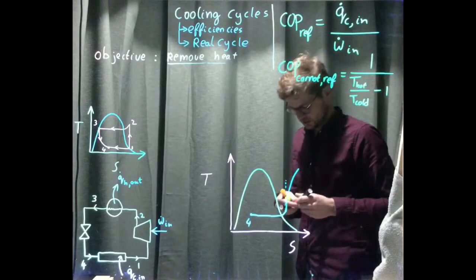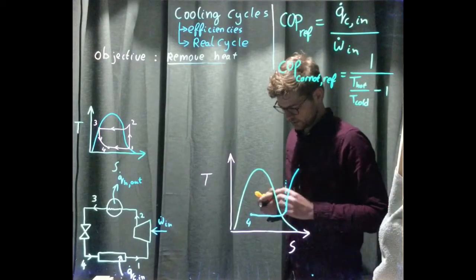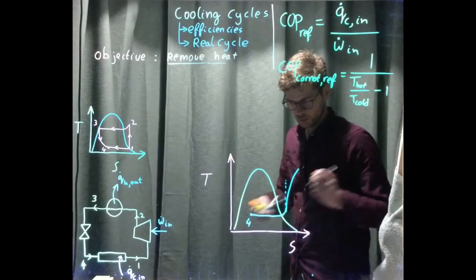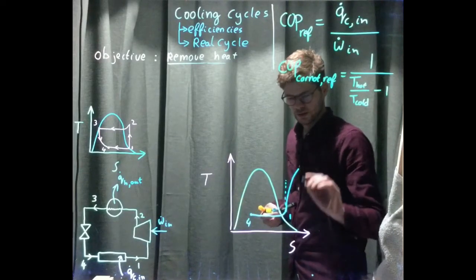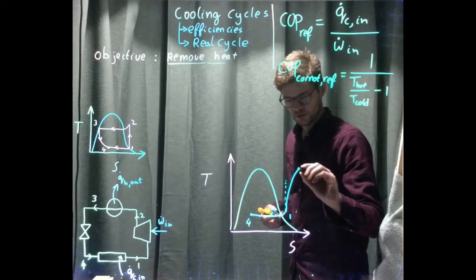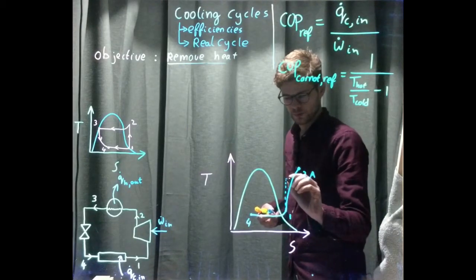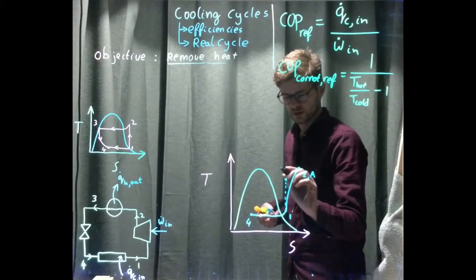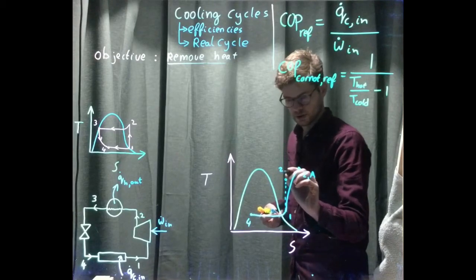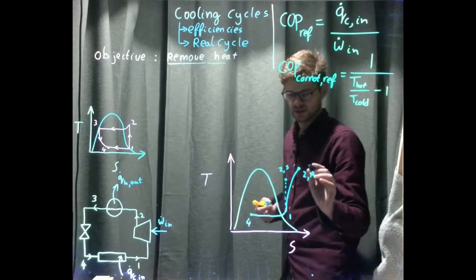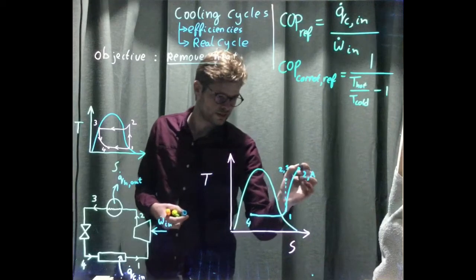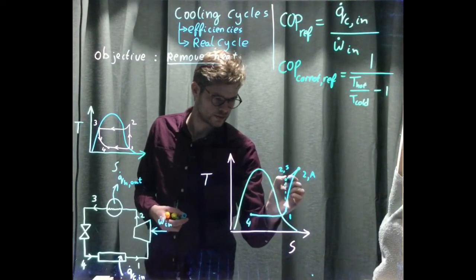So this will be point 1. This will be point 2 actual. This will be point 2 in an isentropic state, and it will look like this.